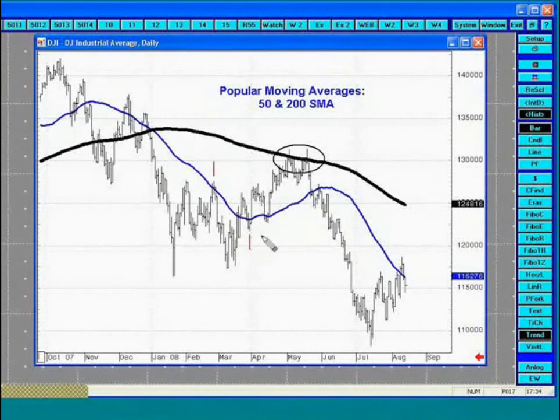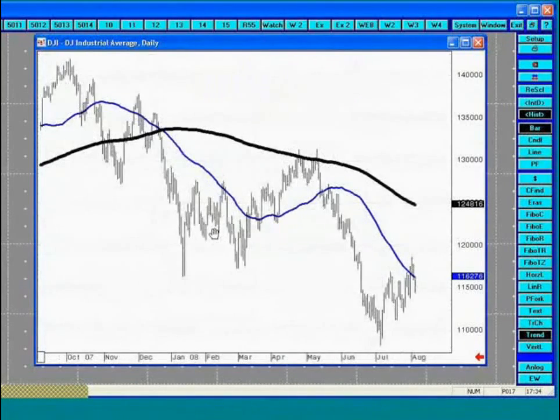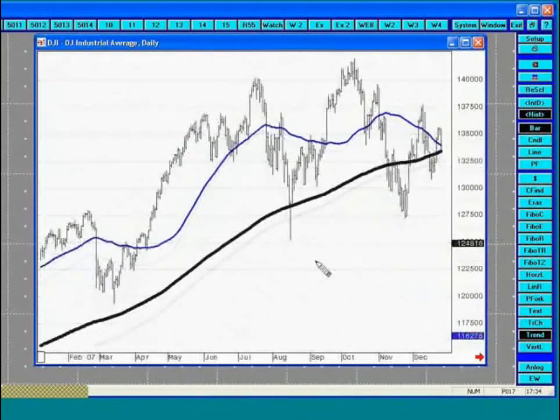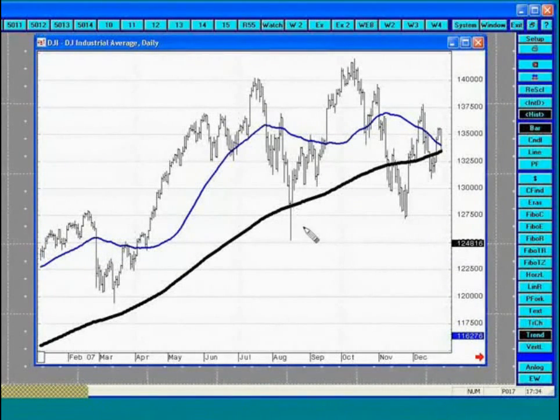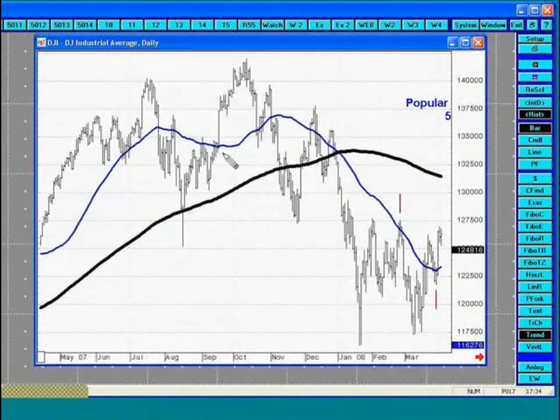Here's where it provided support. Here's where it provided support. Again, here the 200-period moving average provided resistance for the market, and that's primarily how they view and utilize these moving averages. Here was a very decisive test of the 200-period moving average, and we came back out. Notice at this point and this point, how the 50-period moving average, and again this is a daily time frame, provided resistance, but then it penetrated decisively and pushed up.